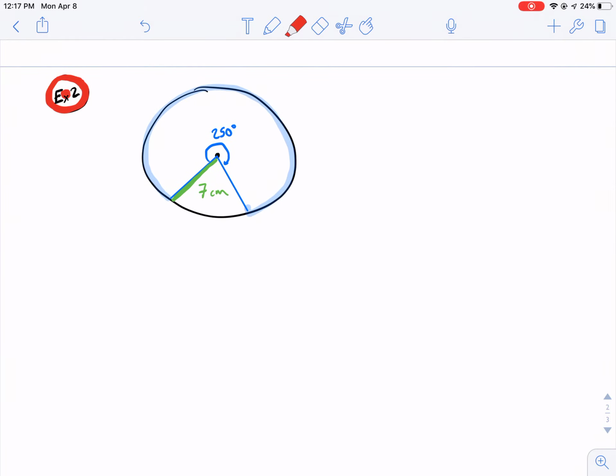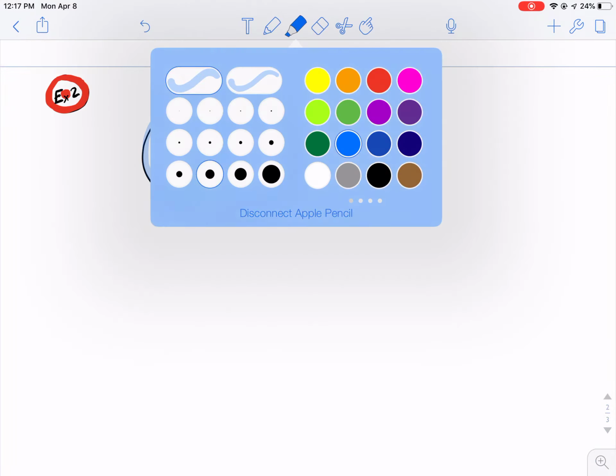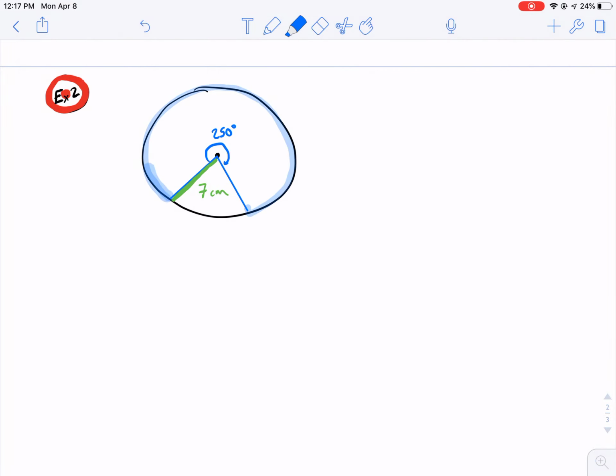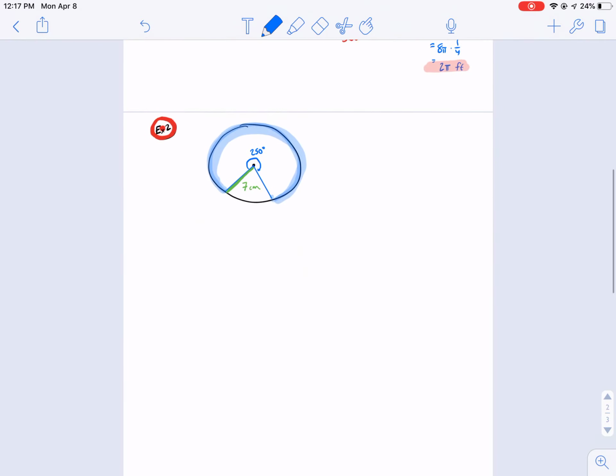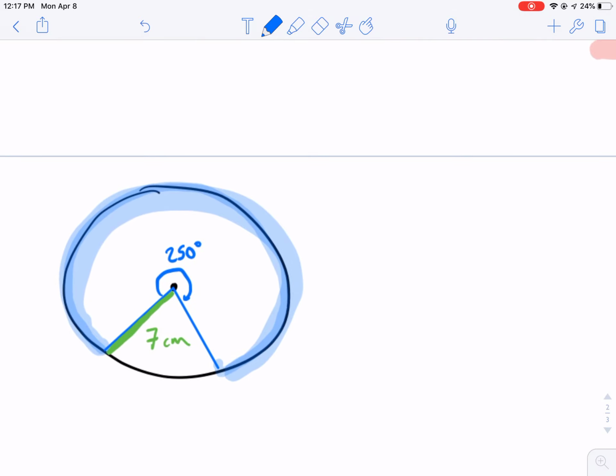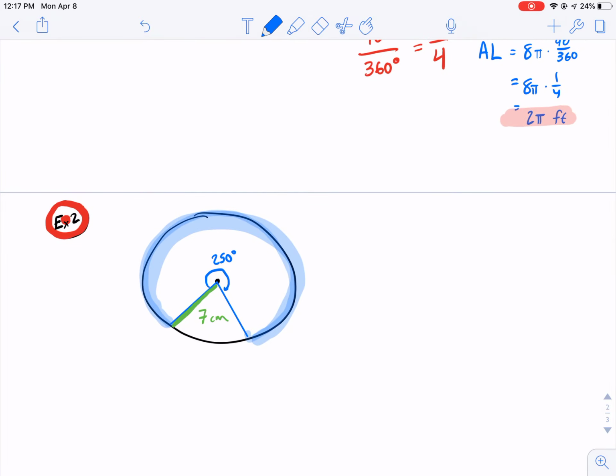Okay, so here we go. Example 2, we're asked to find this major arc here. We're asked to find the arc length of this on the outside. Again, what we need to find is the circumference. So we're going to find the circumference equals 2 times pi times the radius equals 2 times pi times 14.